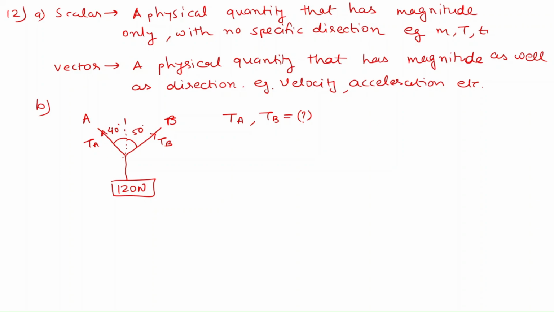So let's do it for TA. Let's understand like this. This is a direction and this is the TA direction. Let's suppose this is the X direction and this is the Y direction. Okay. And our angle here is 40 degree. So if we have to find the Y component and X component, write like this.